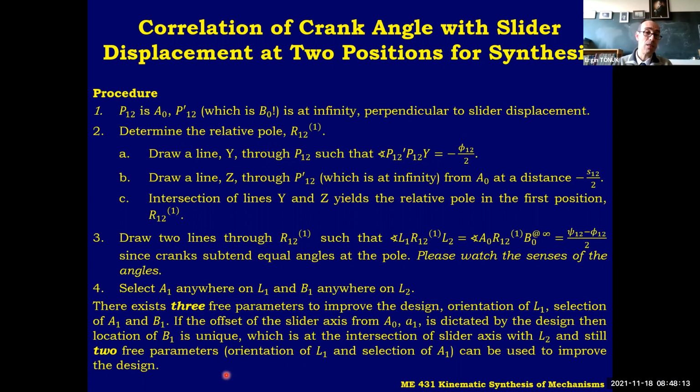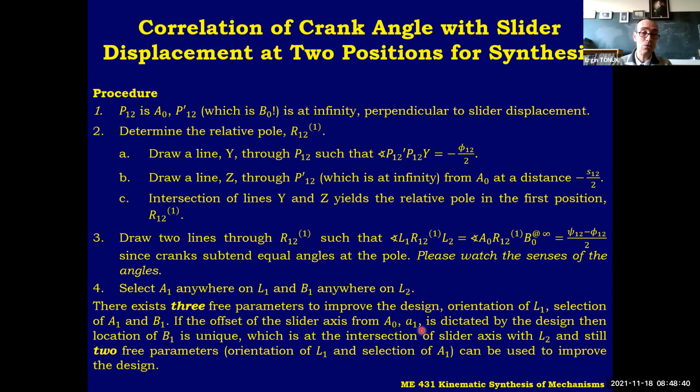But for a slider crank, sometimes there may be more restrictions, like if the offset of the sliding axis from A0, which is A1, is dictated by the design, and this may be 0 as well, that is, it should be an inline slider crank.